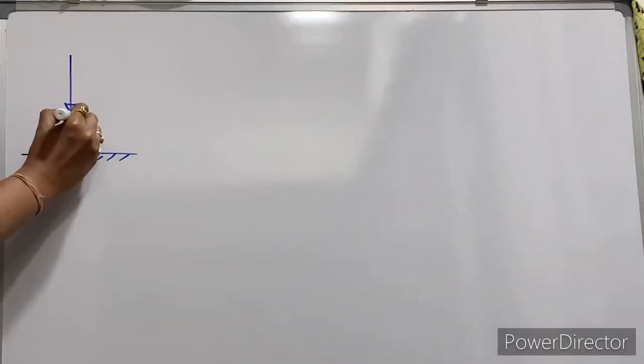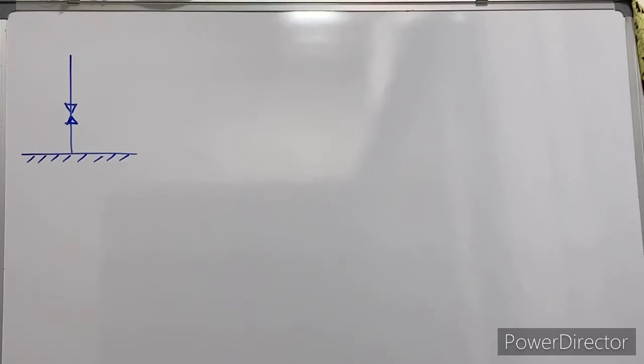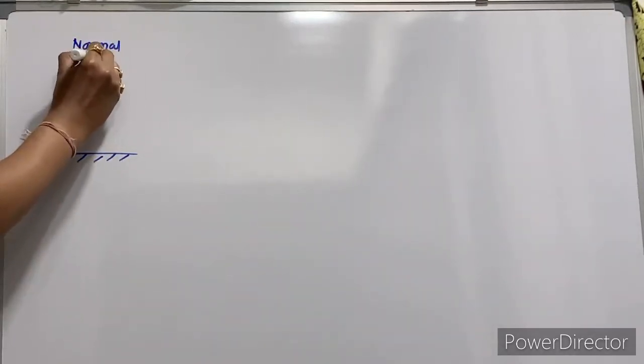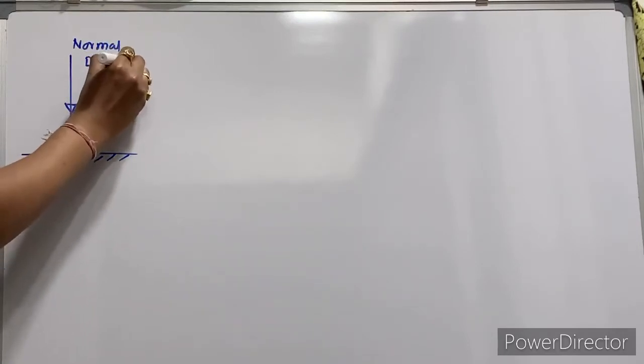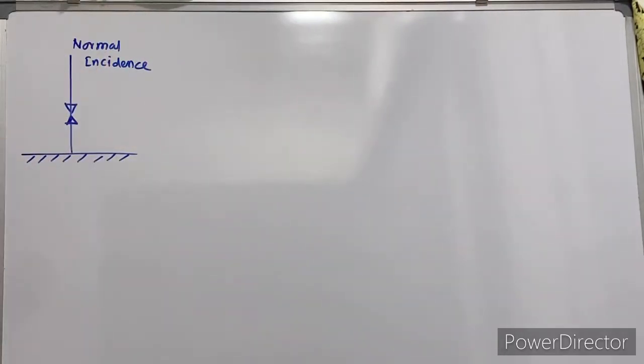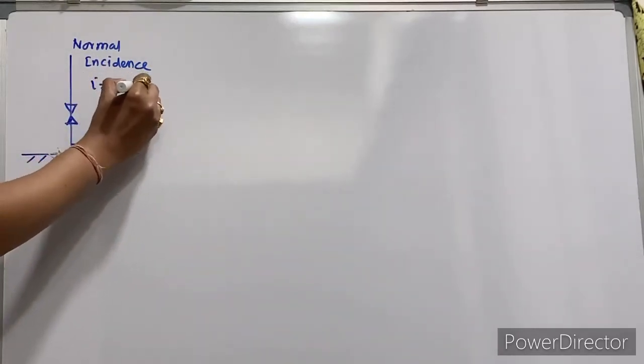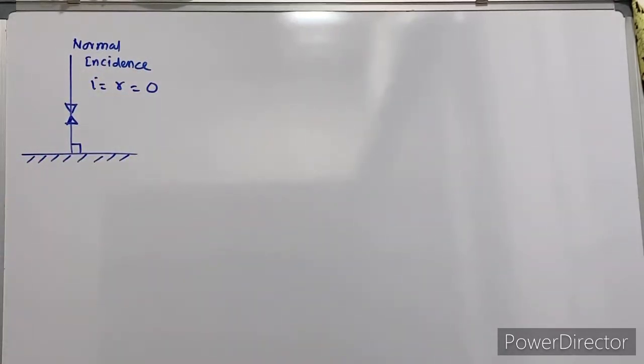The ray gets reflected back in the same direction. This is called normal incidence. For normal incidence, the angle of incidence and angle of reflection both will be 0.